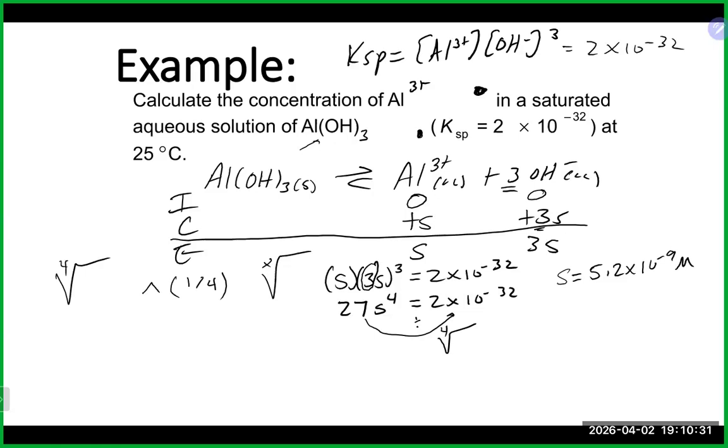That, as we can see, is the concentration of aluminum, because from the table it equals S. And that would give us our 5.2 times 10 to the minus 9 molar.